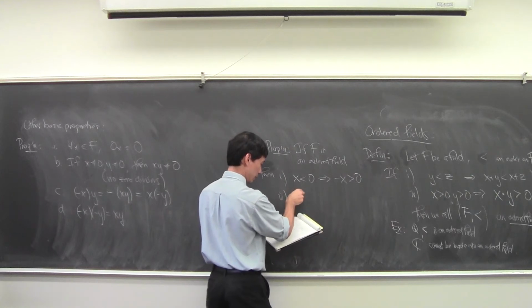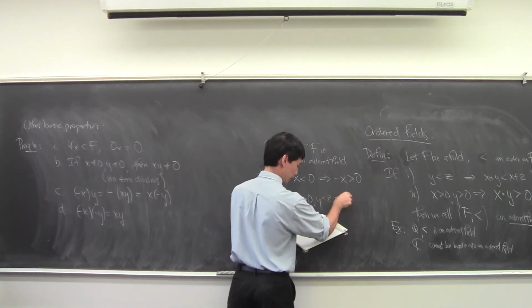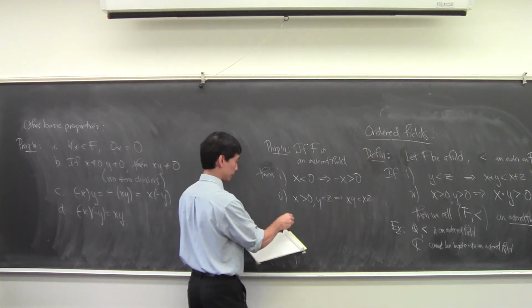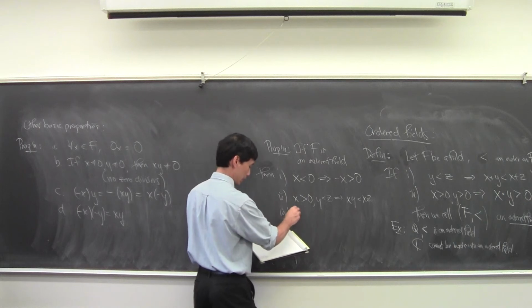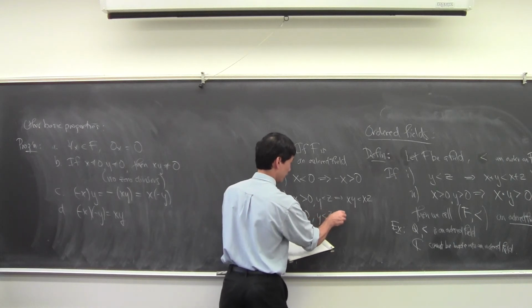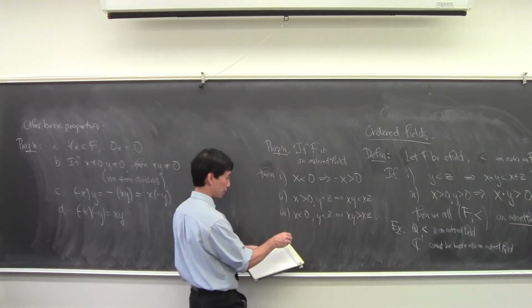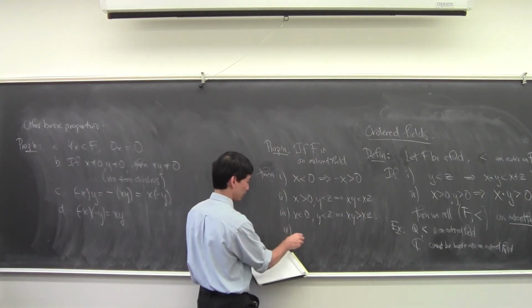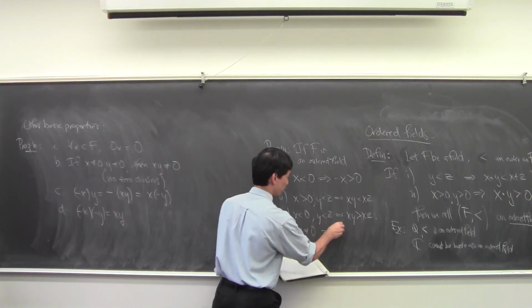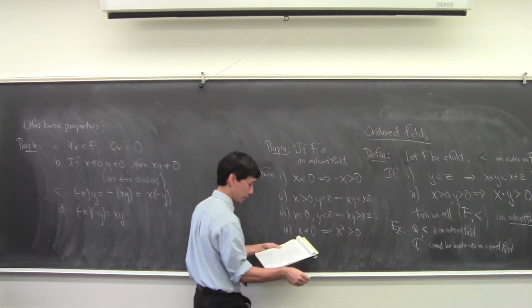If x is bigger than 0 and y is less than z, then xy is less than xz. If x is less than 0 and y is less than z, then xy is bigger than xz. If x is non-zero, then x times x, x squared, is always bigger than 0.